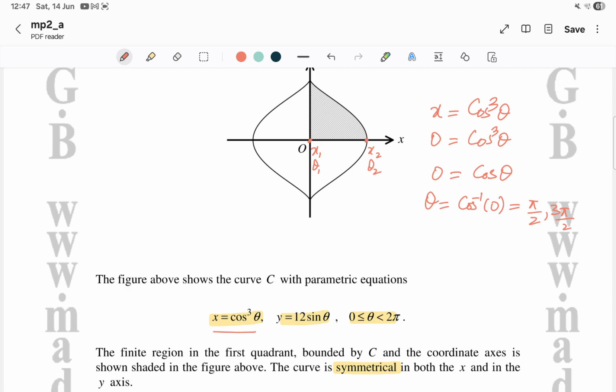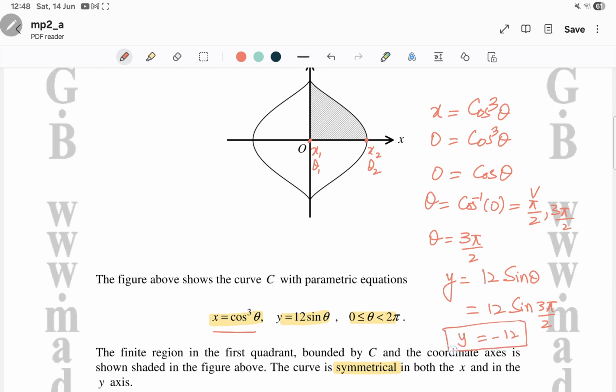So this is the acceptable limit, because when theta is 3 pi by 2, if you put this in for the value of y, since y equals 12 times sine theta, you can check this value on the calculator: sine 3 pi by 2 will be minus 1, so it is minus 12.